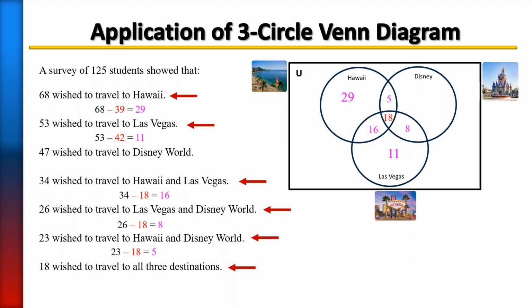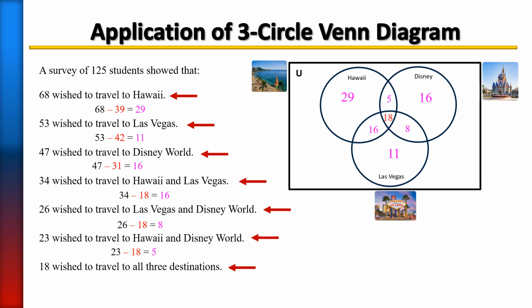And then moving on to Disney, we again account for those numbers that are already there. That's 5 plus 18 plus 8. That adds up to what? 31. And we're going to subtract that from 47 to give us 16 Disney only.